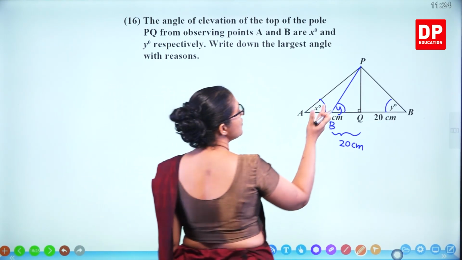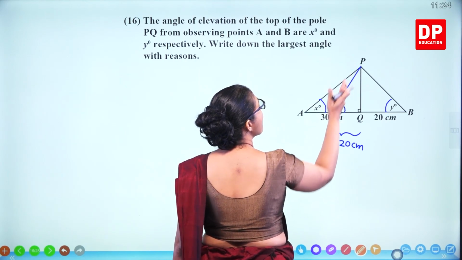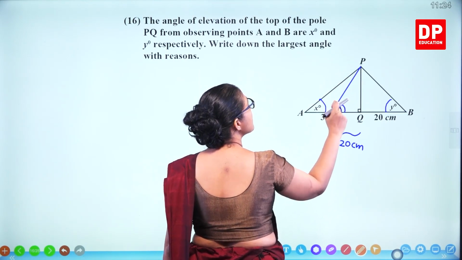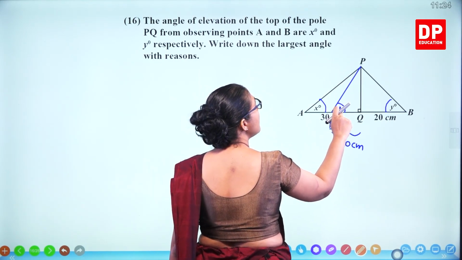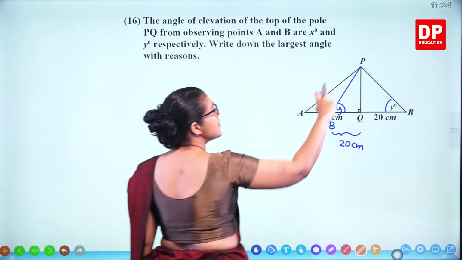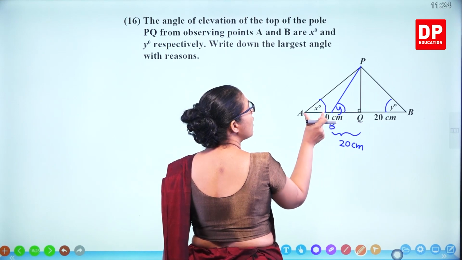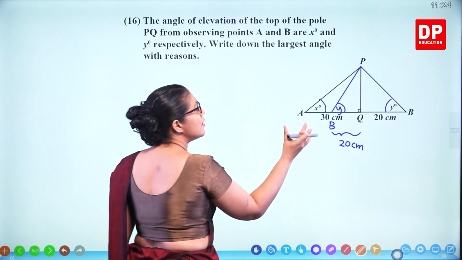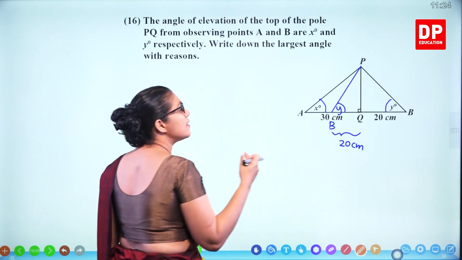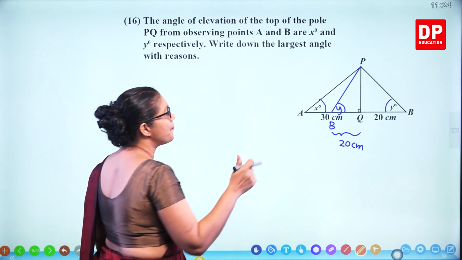Now, what can you say about this one? The steepness of the angle is here high in Y. Same perpendicular height, and this is smaller and this is bigger. So the steepness of the angle Y is bigger.